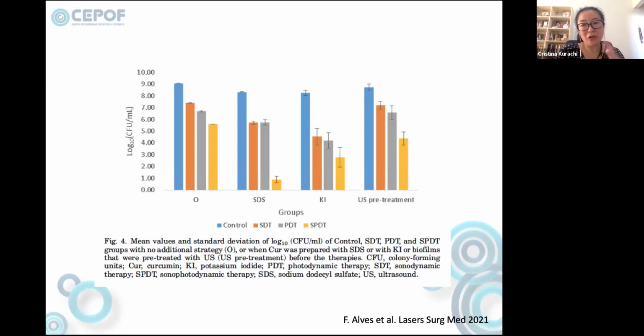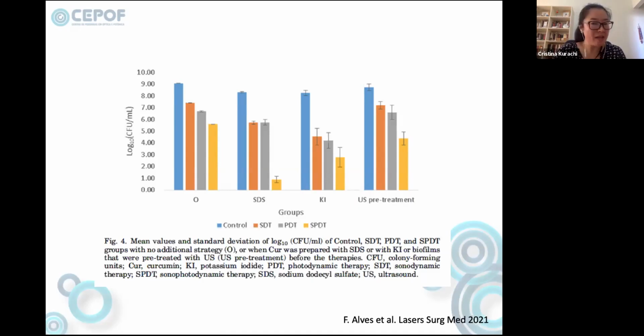I'm not going to show it here, but we have also been looking at, and people around the world have been reporting, the combination of aPDT with antibiotic therapy, and even for resistant microorganisms they are achieving a very nice response as well.